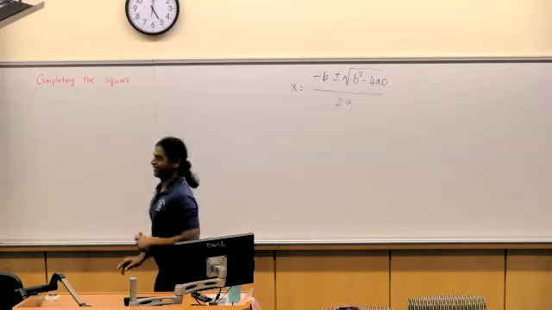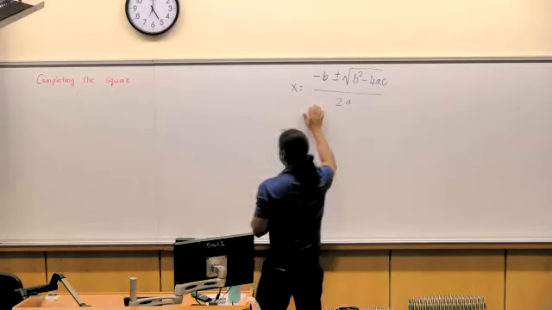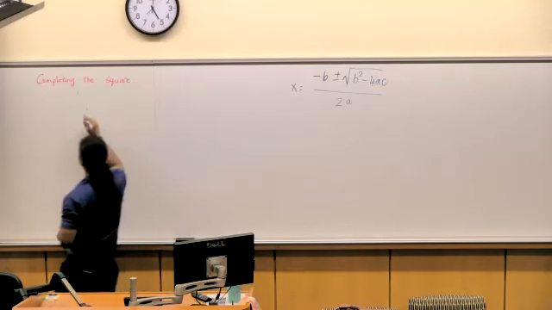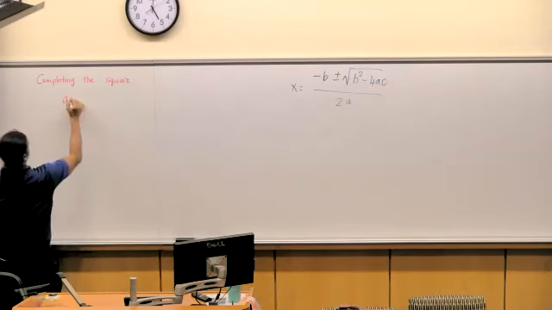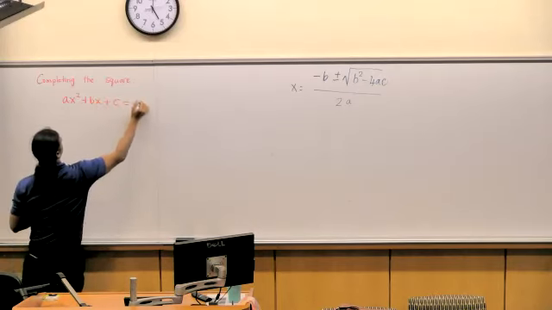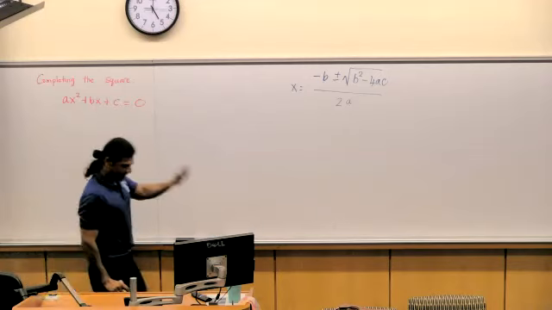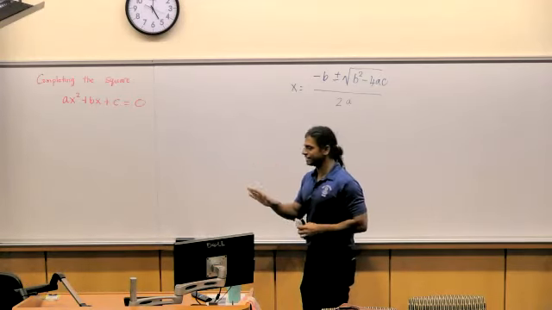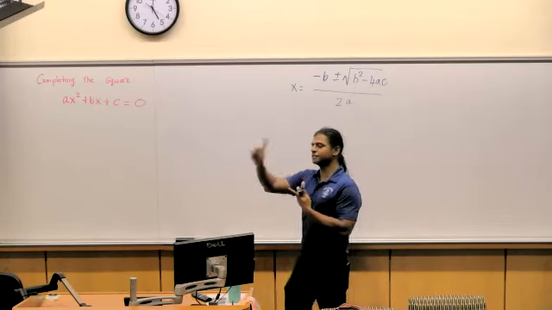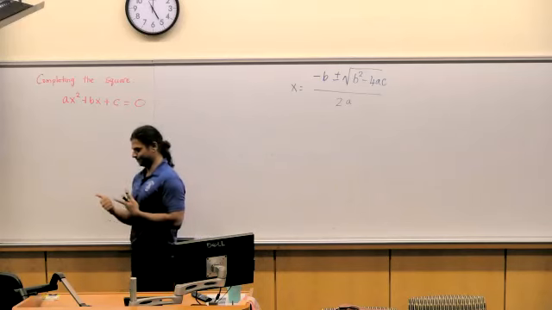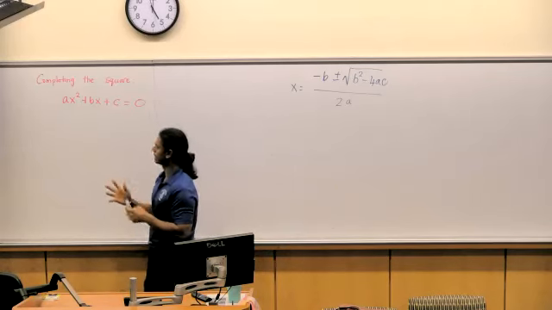There we go. This is the solution to a quadratic equation of the form ax squared plus bx plus c equals 0. If I can factor it, great. I can just use the factoring method that I spoke about earlier to get the roots, the solutions.